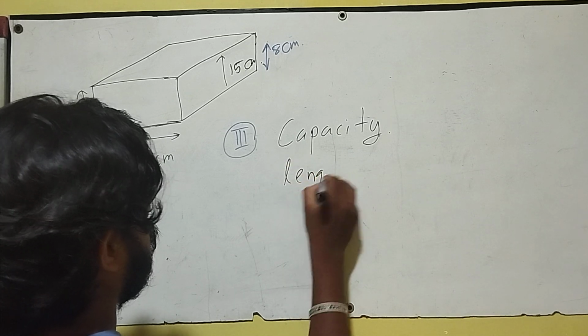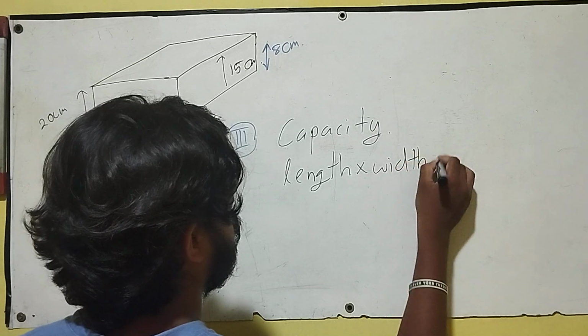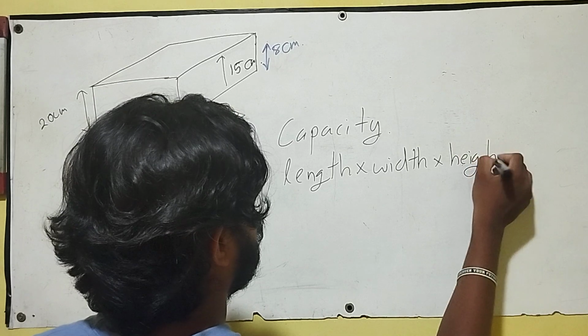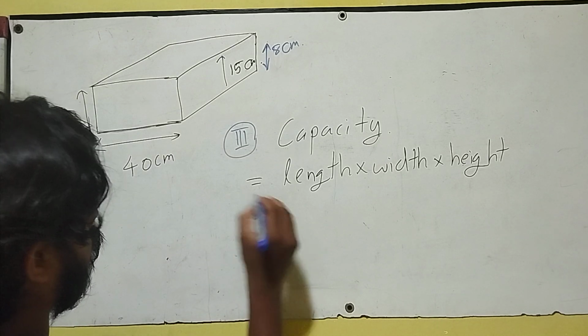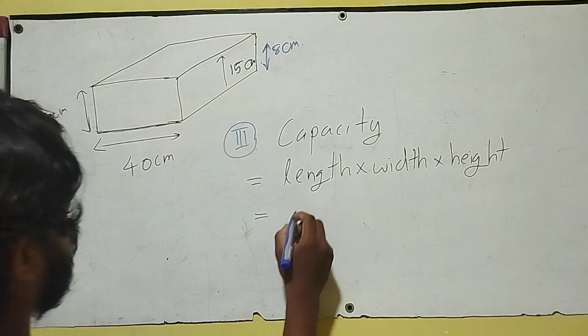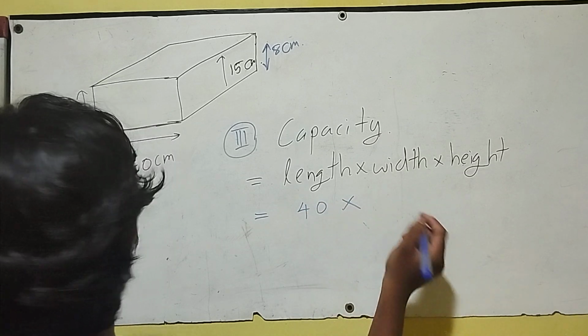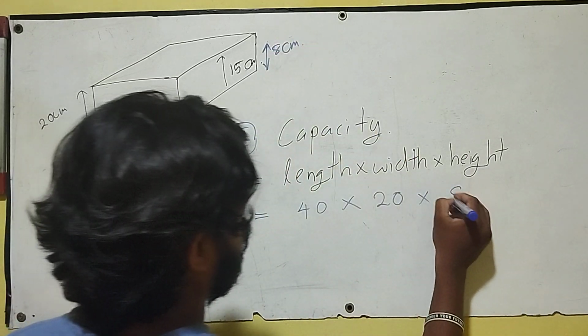Length, width and height: 40, 20. Now what is the height? 8.